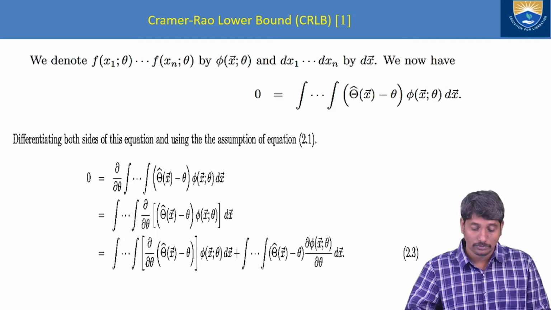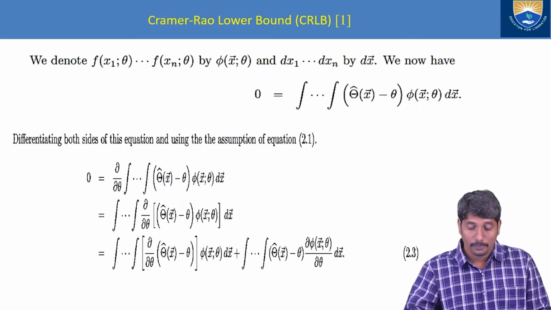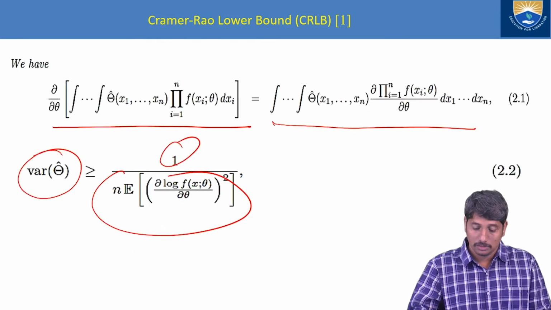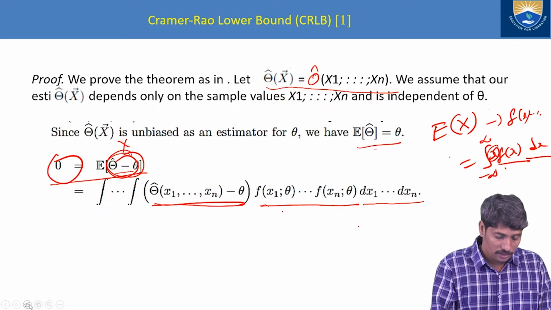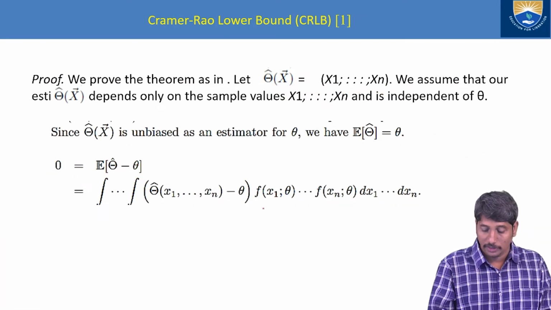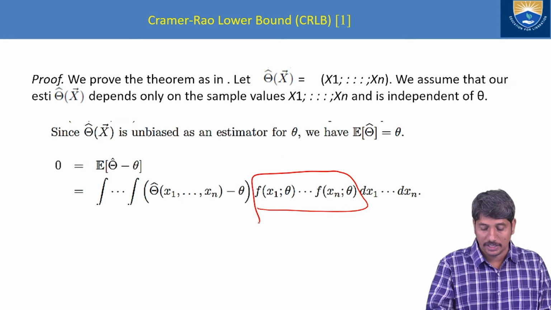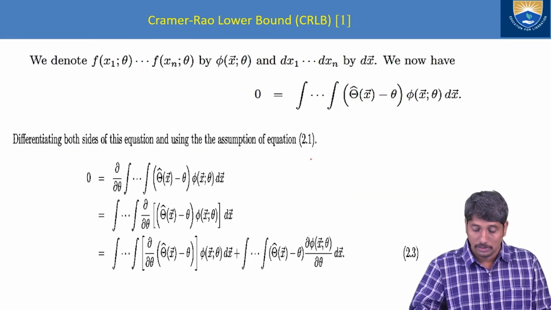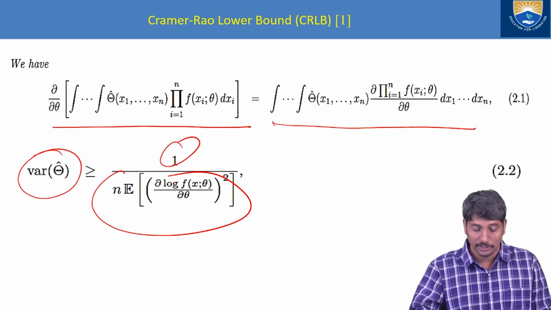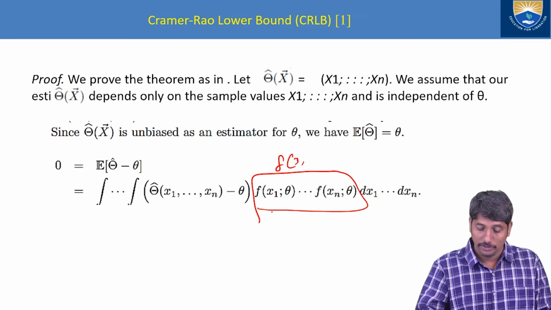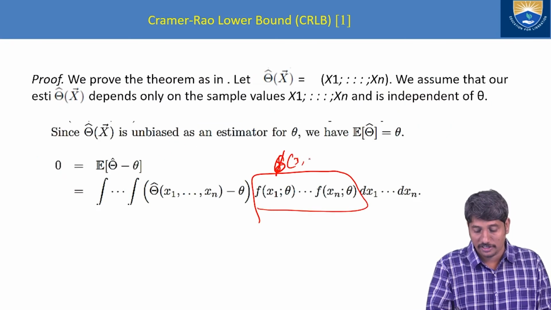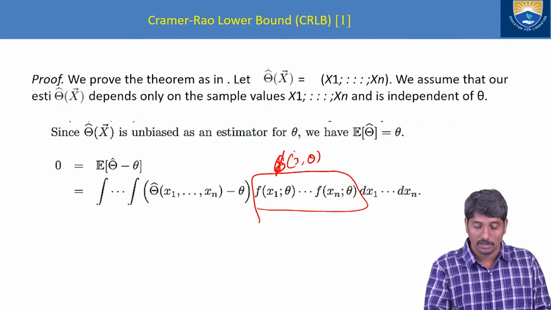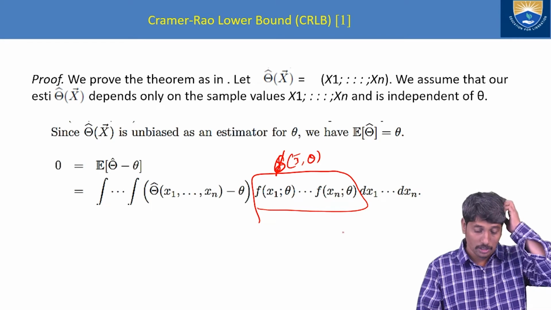Now, for the sake of simplification, we are denoting this entire thing as phi of x comma theta, or x bar, where x1, x2, and so on.